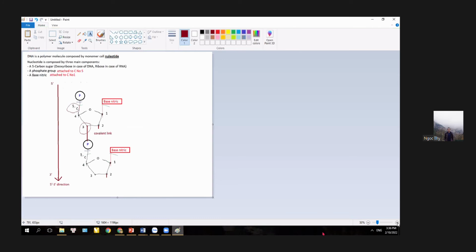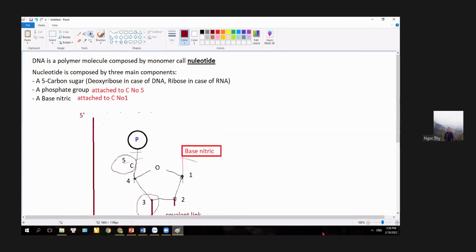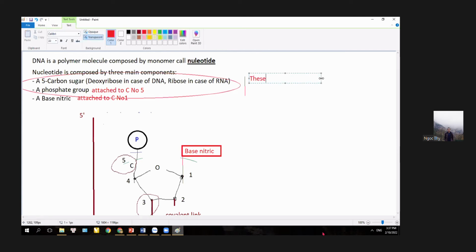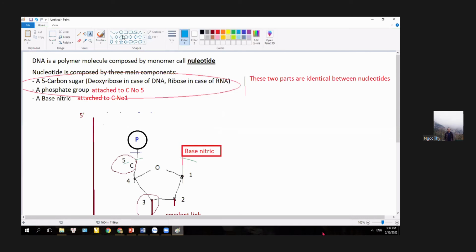In here, these two parts, a five-carbon sugar and a phosphate group, are identical between nucleotides. There is nothing different between the nucleotides in these parts. Only the nitrogenous base is different. This part is different.